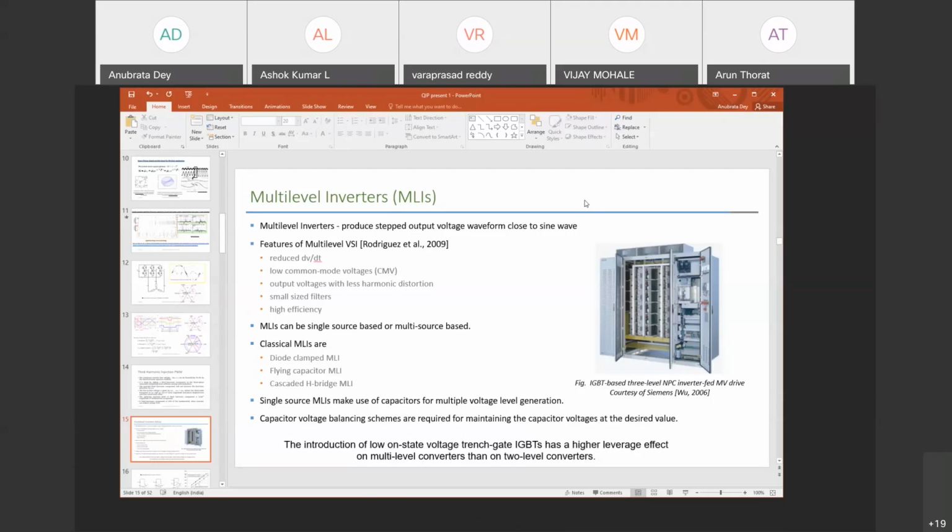So if you don't use MLI, you have to use those switches in series to block that particular voltage. I'm not talking about high current applications. I'm talking about medium voltage or probably high voltage applications, where you need to use many switches in series connection in order to get the total voltage blocking capability.